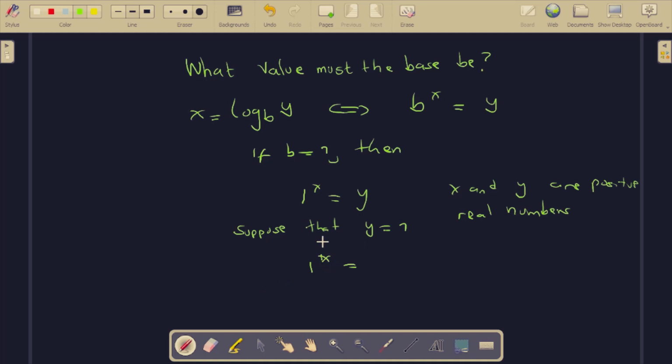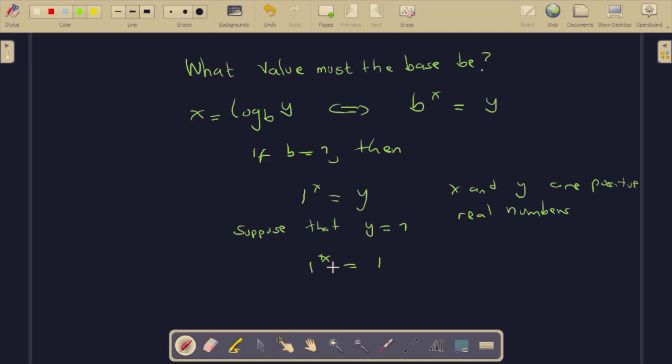This is going to be easier to understand this way, because that's the best way it can be explained. So let's take y as 1 and let x be anything, where x and y are positive real numbers. So we have 1 to the power of x is equal to y. Now y is 1, so I'm going to put my 1 here.